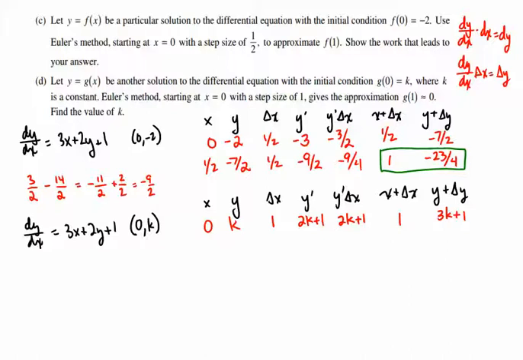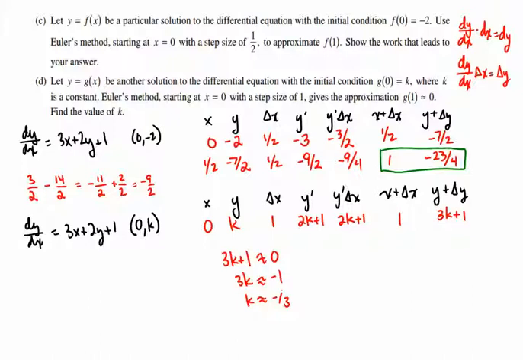Now we're told that Euler's method starting at x equals 0 with a step size of 1 gives the approximation of g of 1 is roughly equal to 0. So we know then that 3k plus 1 is roughly equal to 0. 3k would be roughly equal to negative 1, and k would be equal to negative 1/3.